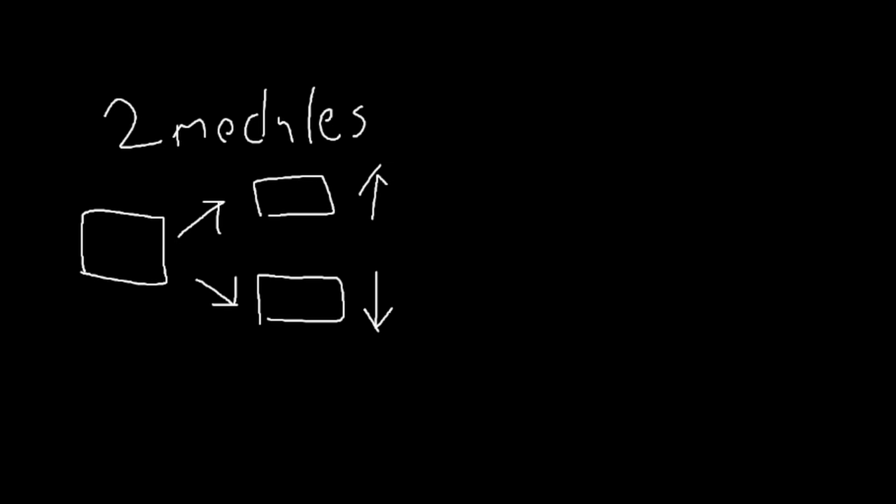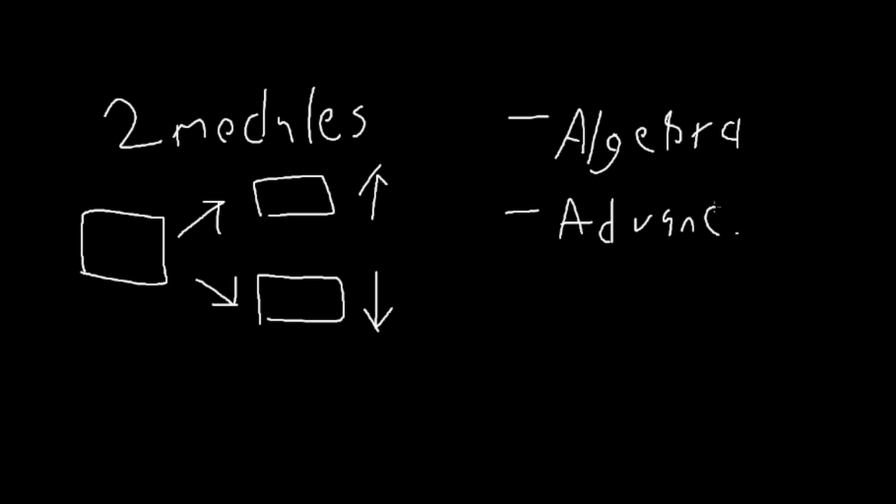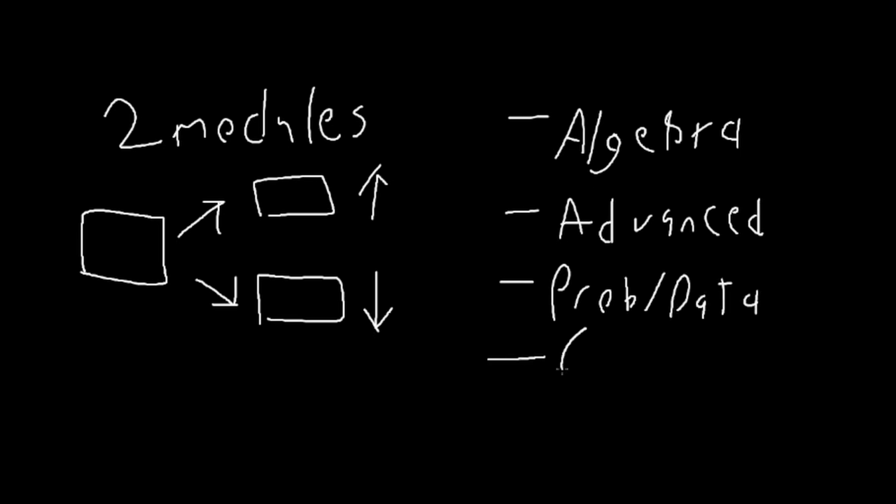But there are four main question types: algebra, advanced math, problem solving and data analysis, which is often just probability, and geometry and trigonometry. In this video specifically, I will be covering a key concept covered in algebra, which is linear equations in one variable.